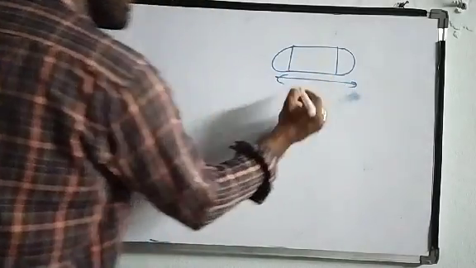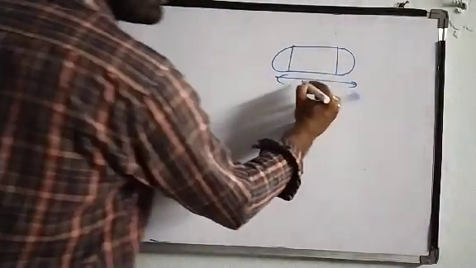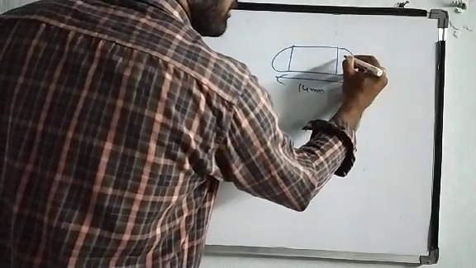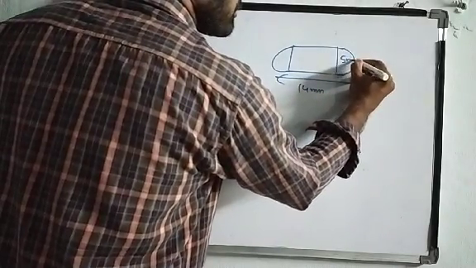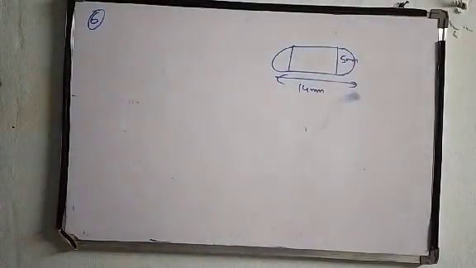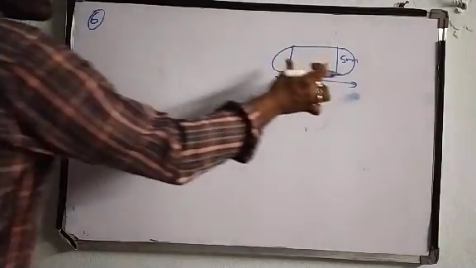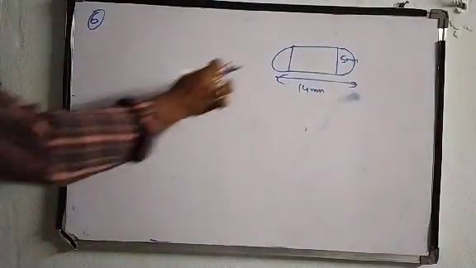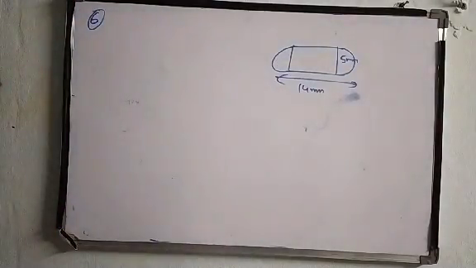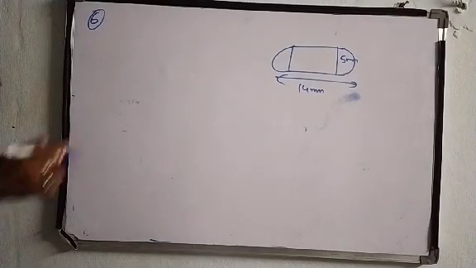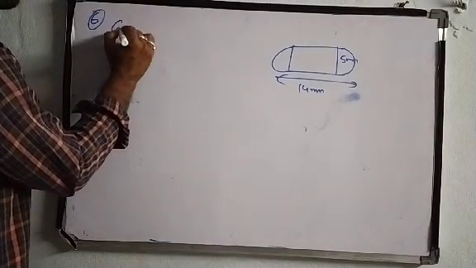The total length is 14 millimeters and this is 5 millimeters. There is a cylinder in the middle and two hemispheres at the top and bottom. We need to find the surface area.